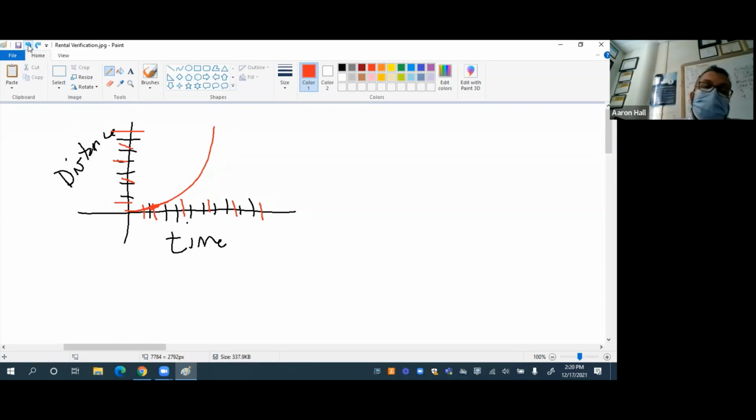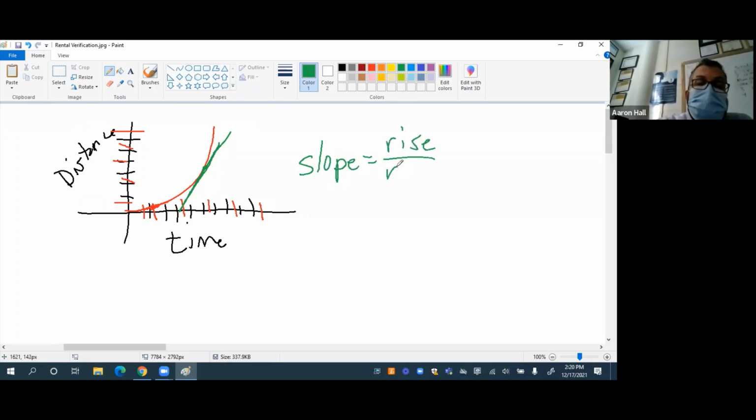What does it mean if I consider the slope at some point like here? Now slope is defined by what? By rise over run. When I rise from this point here and run to this point here, this would be my rise and my run. The rise is what in units?